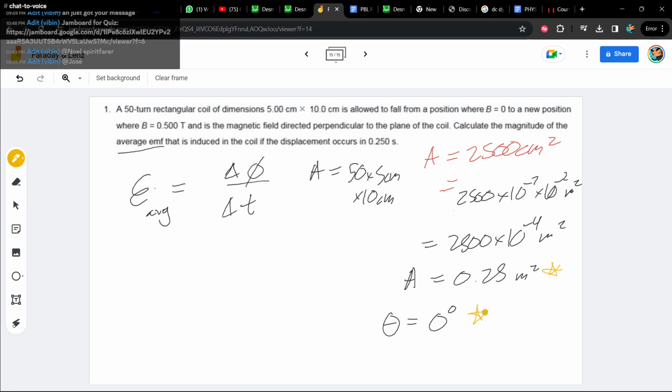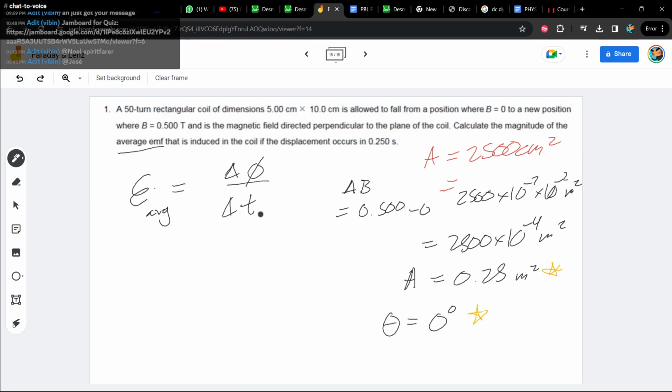And then the main thing is your B, and B is the one that's changing. Notice that. What is the change in B? The change in B is 0.5 tesla, because it's the final one minus the original, which is 0.